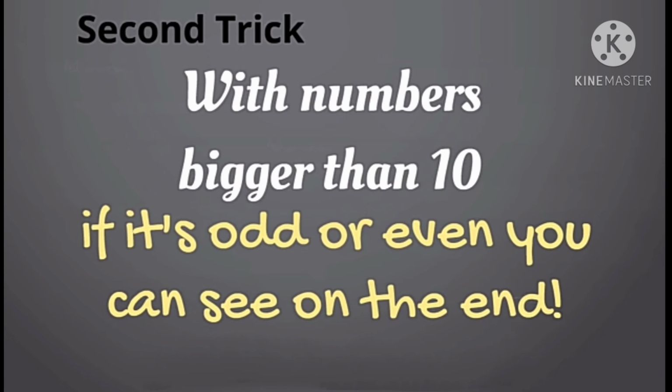Second trick. With numbers bigger than 10, if it's odd or even, you can see on the end. The numbers which are bigger than 10, you can see at the end of the number and identify this is odd or this is even.